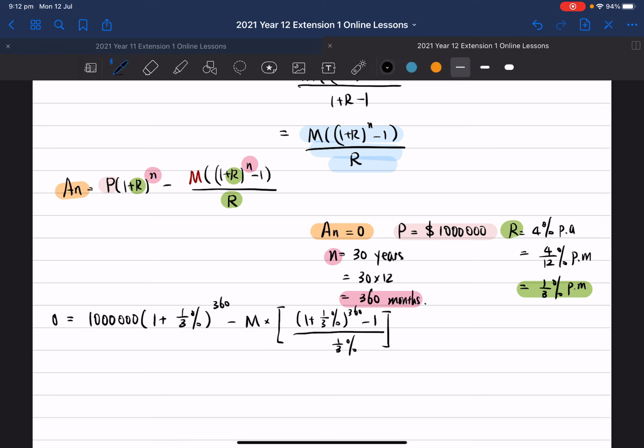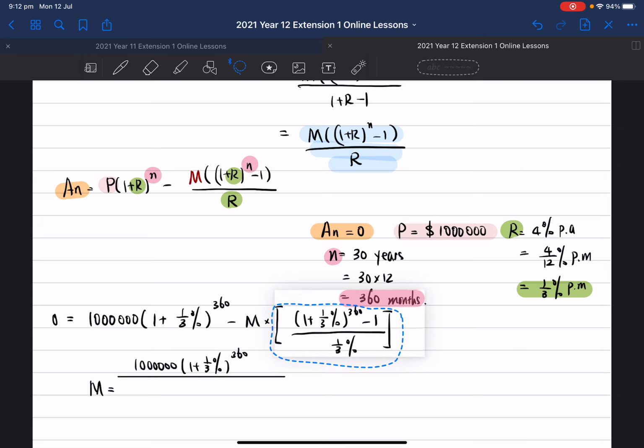All right, okay, so let's do the calculation. M is equal to 1 million, 1 plus 1/3% to the power of 360, divided by everything here. All right, so I'm just going to copy this one, a bit easier so I don't have to write it.